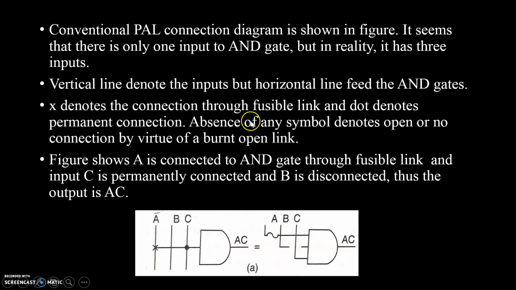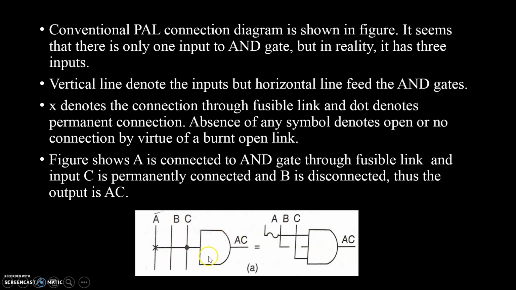A cross denotes the connection through a fusible link, and a dot denotes a permanent connection. Absence of any symbol denotes open or no connection by virtue of a burnt open link. The figure shows A is connected to the AND gate through a fusible link, input C is permanently connected and B is disconnected.